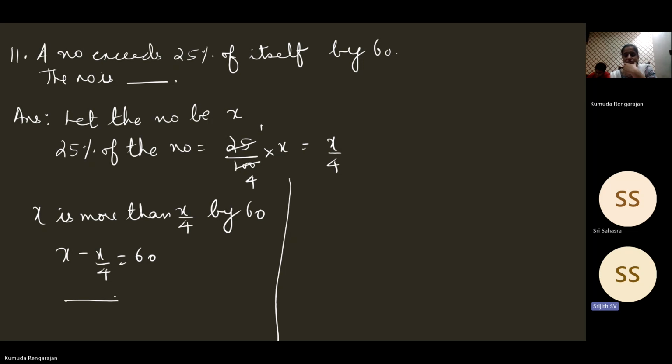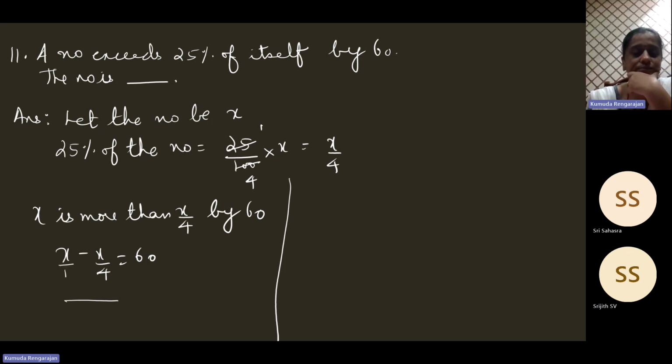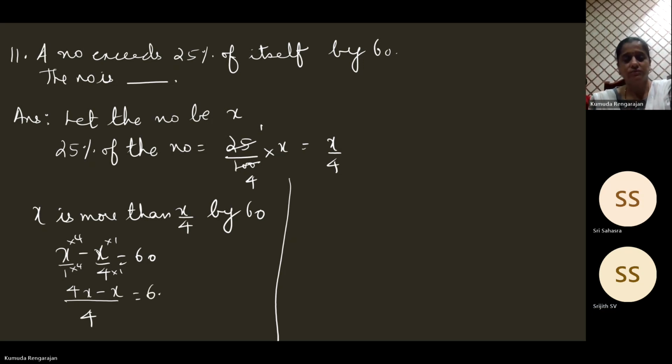X by 1 and x by 4, so x into 4. 4x minus x, ma'am. This equals 60.